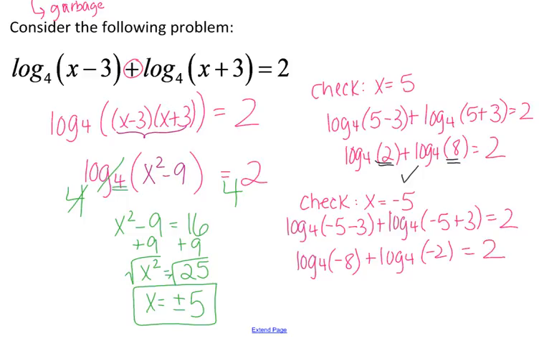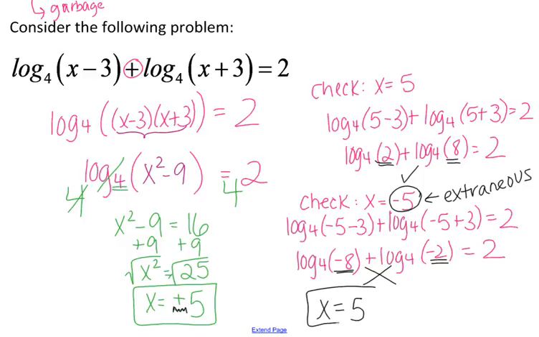We cannot take the log of a negative number. This cannot happen. Because it didn't, that means that negative 5 is an extraneous solution. We can't count that. Our only solution is x equals positive 5.